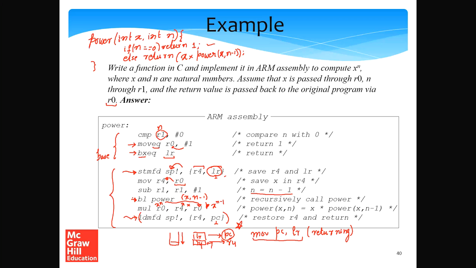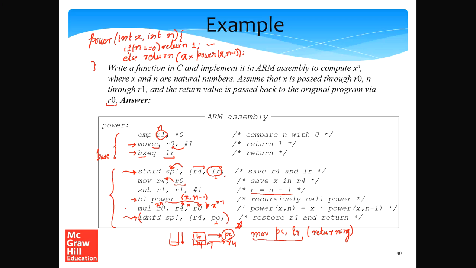Had we done a caller saved kind of approach, that would have also been fine. In a caller saved approach, we basically see what are the registers that the caller would actually require, and we save those registers. So the registers are essentially R0 and LR that the caller will require. So we should have saved them and then again restored them after the power function. In a callee saved approach, the idea is slightly different.